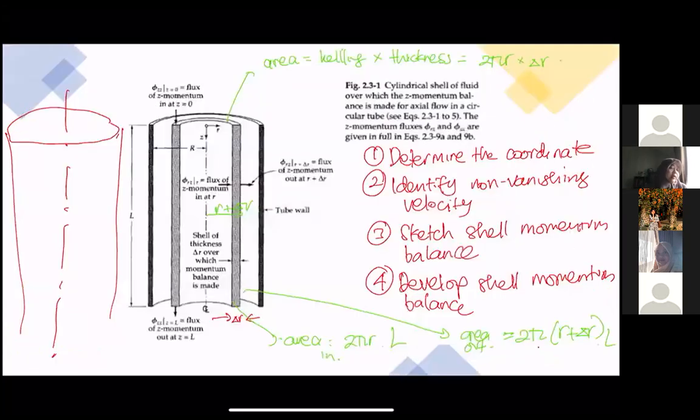This one, or this part? Bu, I don't understand why you have to relate it with the area. Here's the thing. It's called the momentum balance, and the momentum balance is actually the momentum flux multiplied by area. Why?